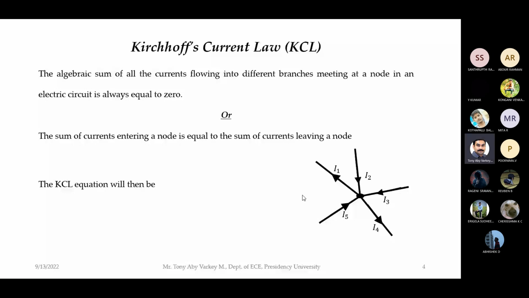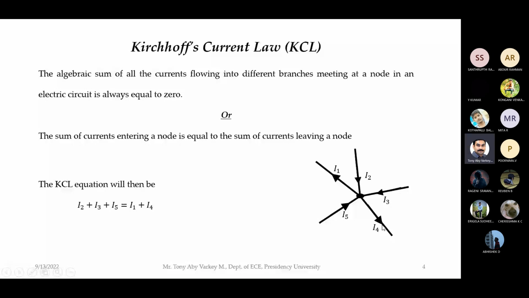You can see that I2, I3 and I5 are entering the node, and I1 and I4 are leaving the point. So I will add the currents entering the point, that is I2, I3 and I5, and it will be equal to the sum of the currents leaving the point, that is I1 and I4.